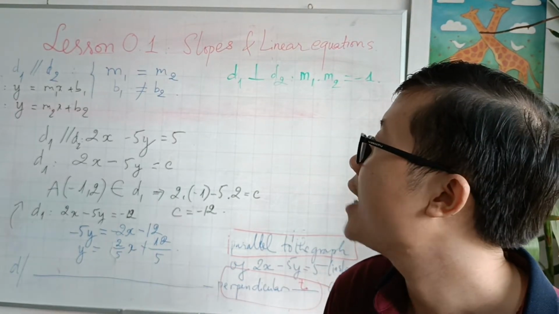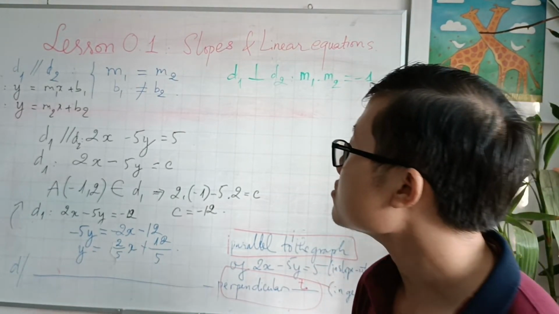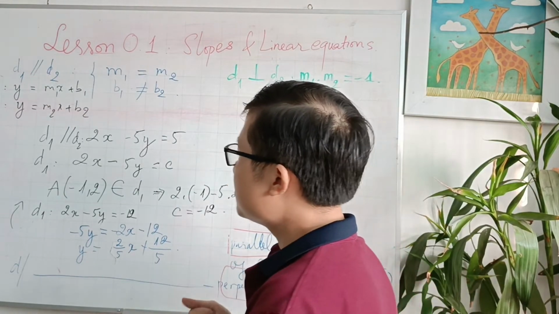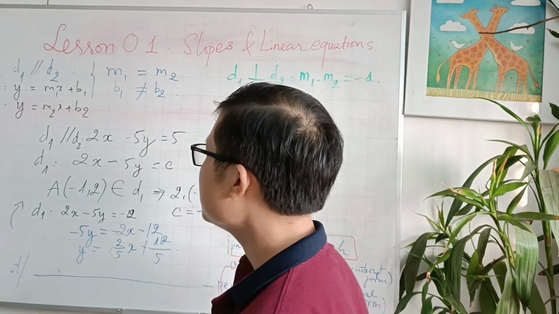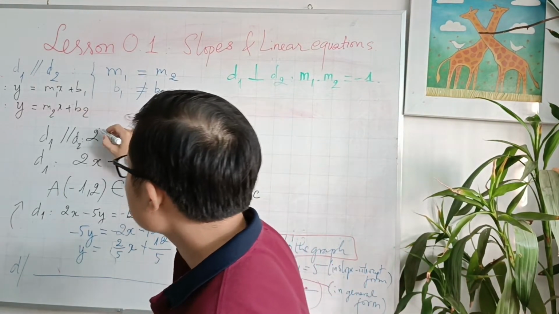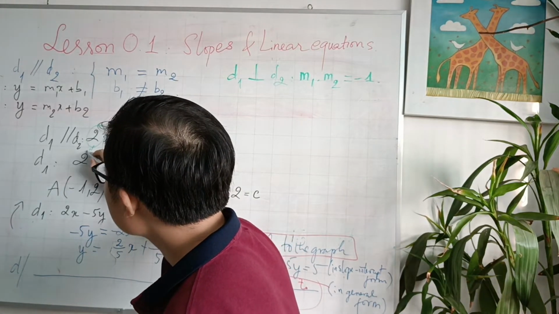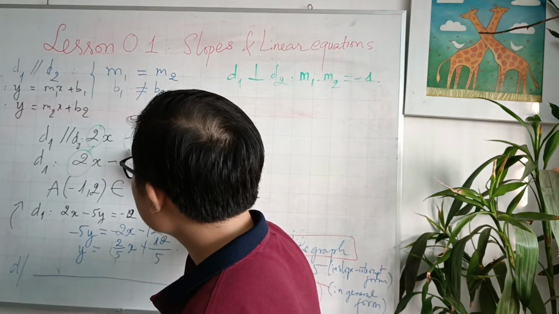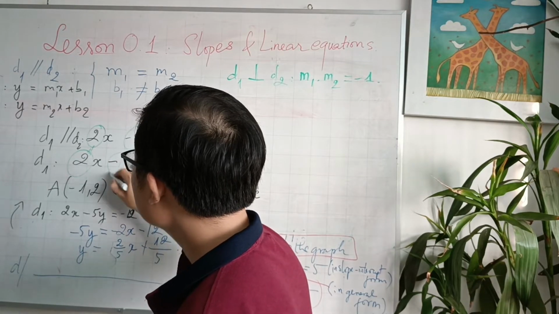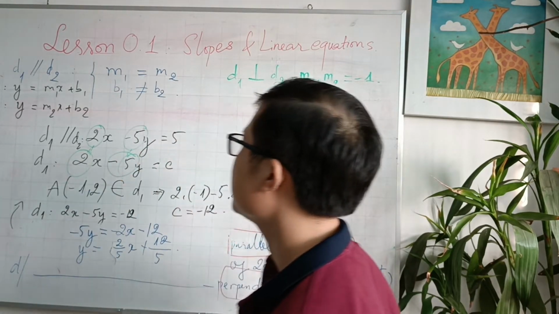So when you write a line parallel to another line, you can have the same coefficients before x and y here.